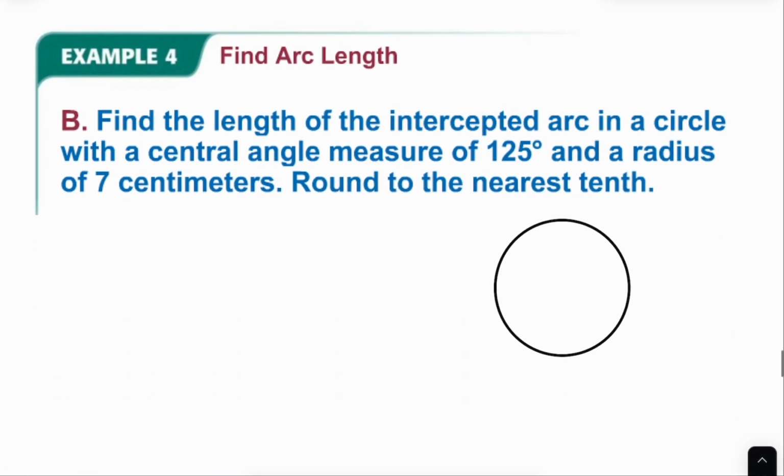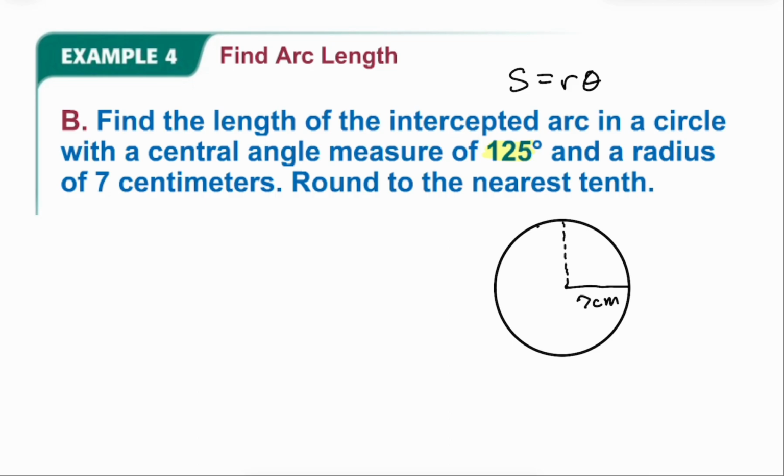Now let's do another one. Now the difference in 4A and 4B is the fact that we have been given the measurement of our angle in degrees. Now remember, the formula S equals R theta is only going to work if theta is in radians. So let's take care of all those things at once. So let's mark our radius as 7 centimeters. This is approximately 90.